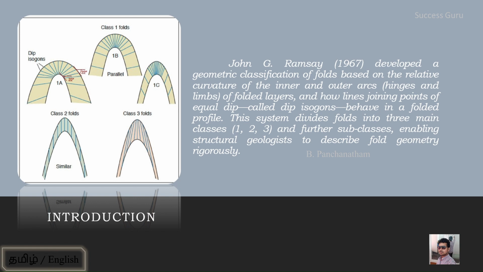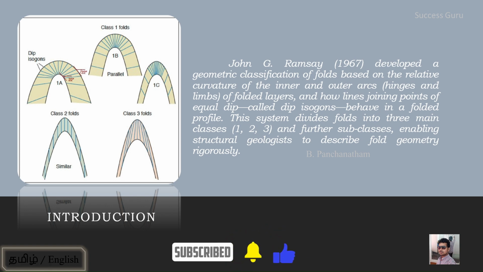So a dip isogon is one which connects equal dip. That is, if this point is say 30 degrees dip, then this point is also 30 degrees dip. So that is what a dip isogon is: a line that connects equal dip values in a folded bed.